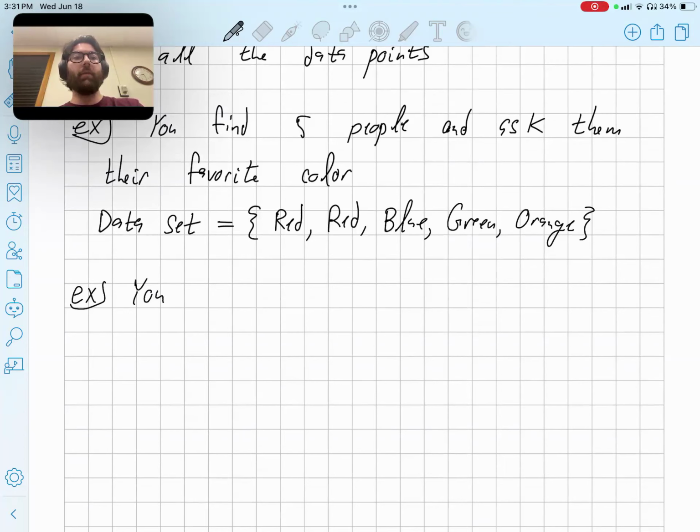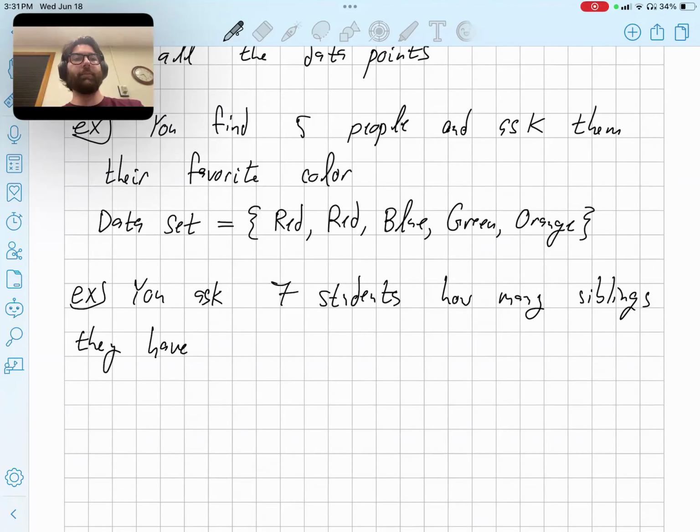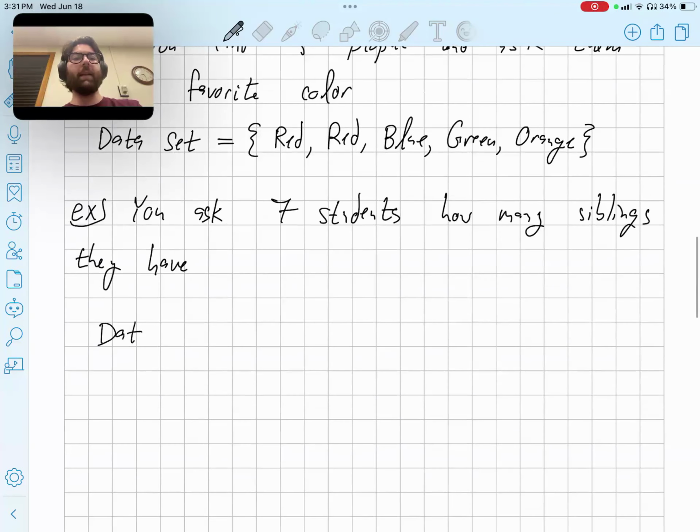Okay? You ask 5 students how many siblings they have. Let's say 7 students. And so the data set in this case is 0, 2, 3, 1, 1, 2, 2.